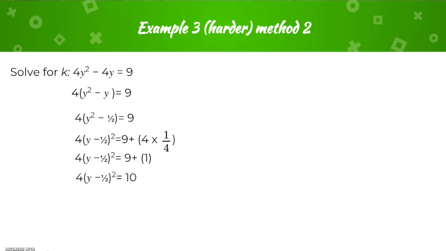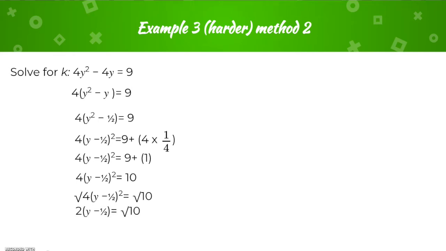Now you simply add the square root to both sides of the equation, and don't forget about the plus or minus sign on the right side of the equation. Since 4 is a perfect square, you end up having 2 parentheses y minus half equals square root of 10.